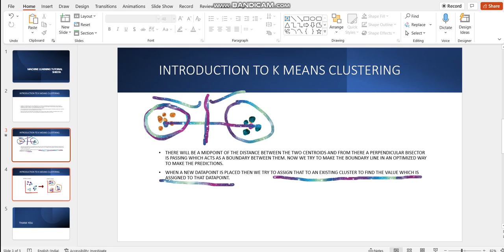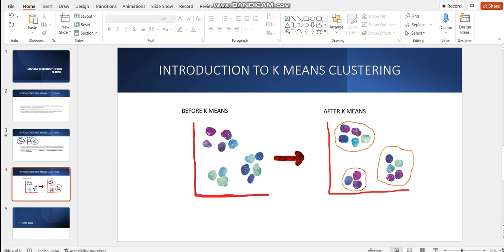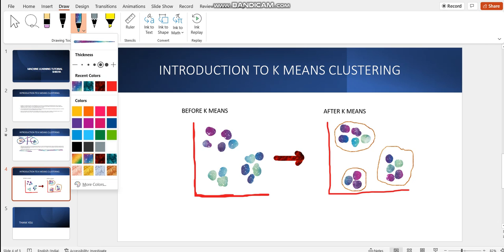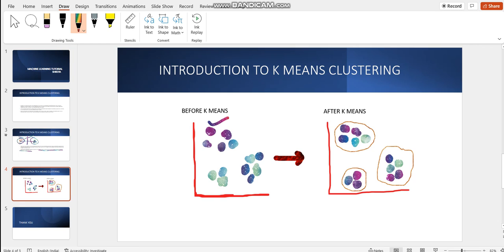So now we will understand what the data points look like before K-means and after K-means. Before K-means, the data points that we have were like this, distributed here and here.